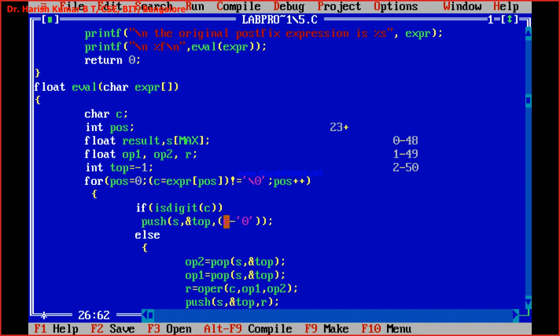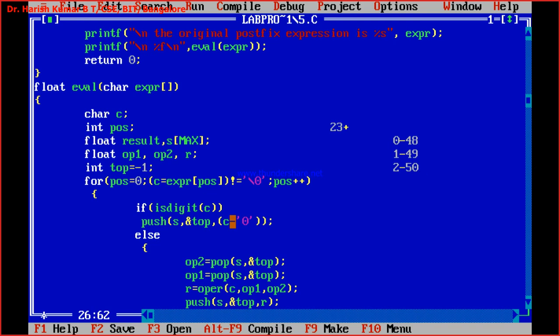If I write only C here, what gets pushed onto the stack? Say for example I remove the minus 0 and write only C. Now what gets pushed onto the stack? Correct, 50. The ASCII value of 2 is 50. 50 gets pushed onto the stack.